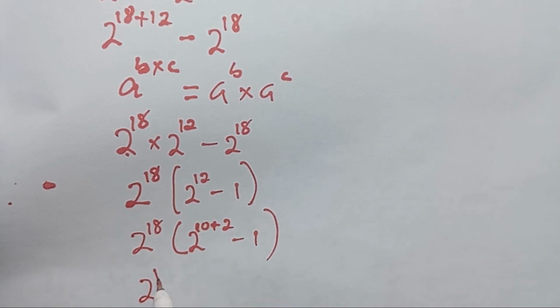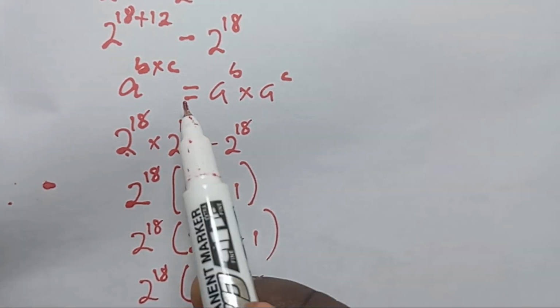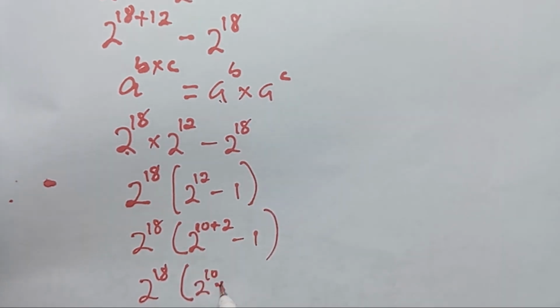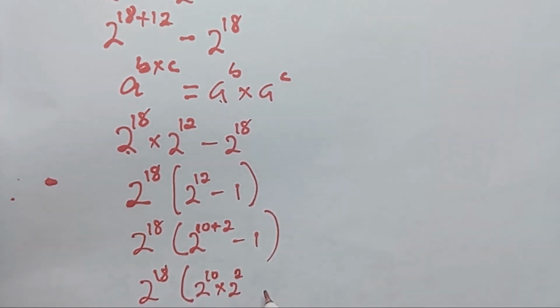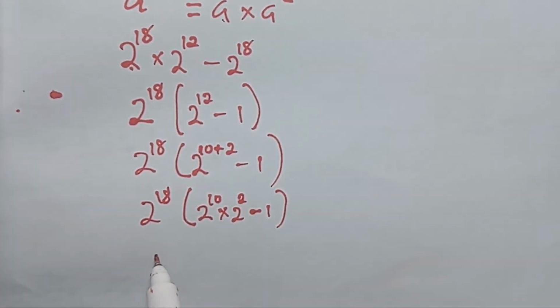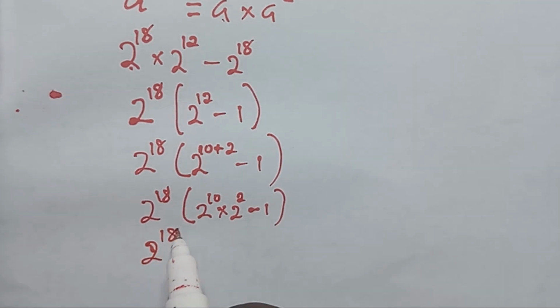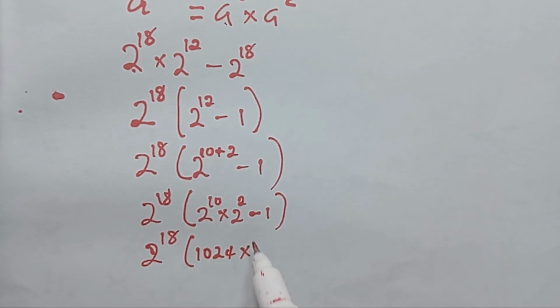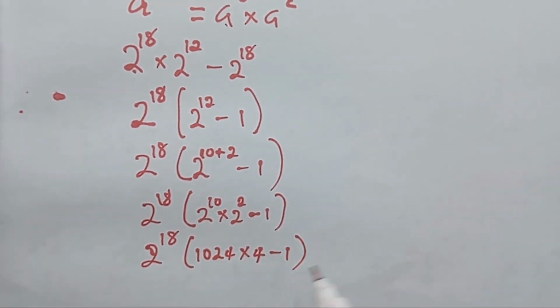Moving on, using the same rule of indices, this is now 2 power 10 multiplied by 2 power 2, minus 1. Then what I will be having is 2 power 18 into 2 power 10, which is 1024, and then multiplied by 2 power 2, which is 4, minus 1.